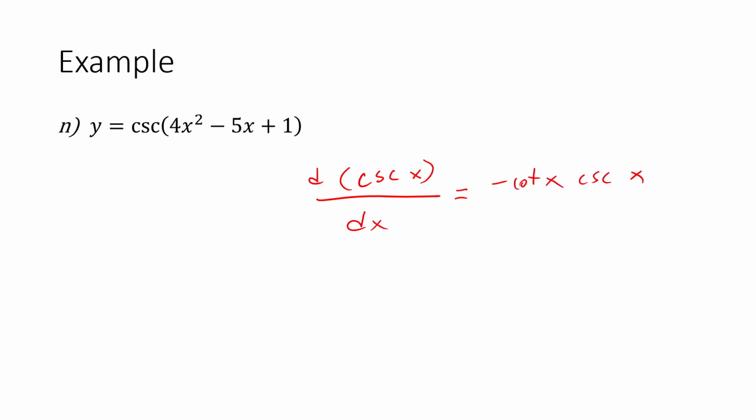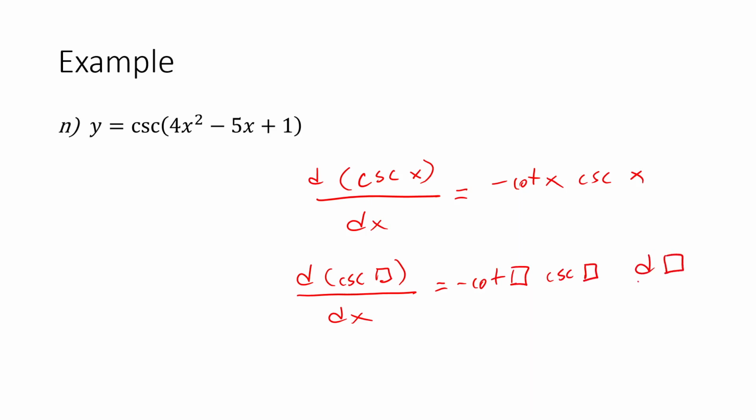Well, by extension, the derivative of cosecant block with respect to x will be negative cotangent block, cosecant block, times the derivative of the block with respect to x. It's just a simple chain rule opportunity. So in this case, the block is 4x squared minus 5x plus 1, and the derivative of the block with respect to x using the power rule will just be 8x minus 5.